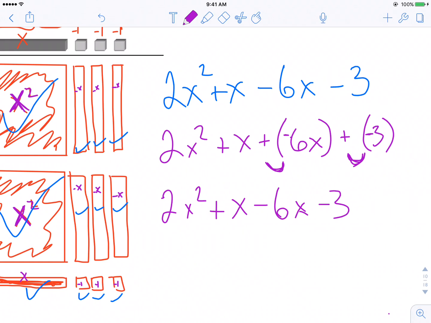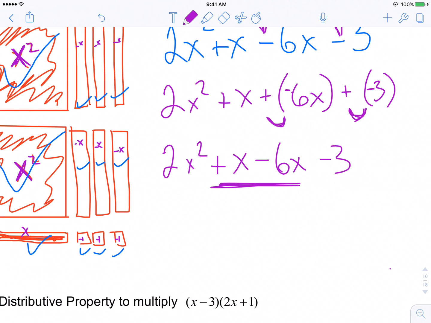So that's why those are minuses and not negatives. So it's already been simplified. I kind of did it in my head. Now all I have to do is combine like terms. x minus 6x is going to be 2x squared minus 5x minus 3.